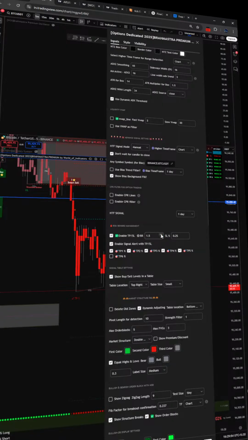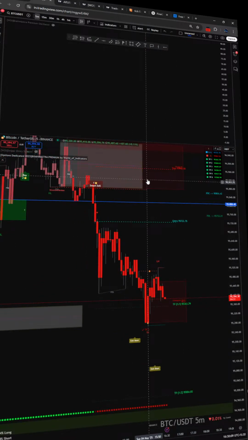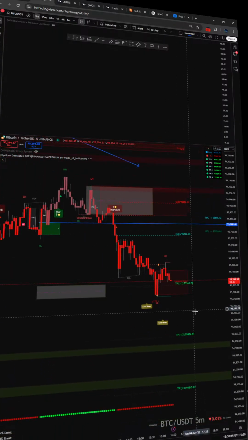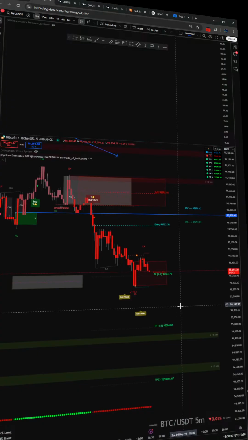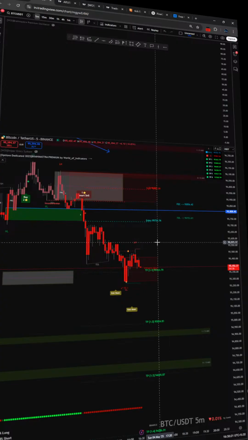You can use it as 1:1.5 or 1:2 risk reward. You can change the stop loss as well, whatever stop loss you prefer. We kept a very small stop loss here, 0.25%, and our risk reward is 1:1.5.